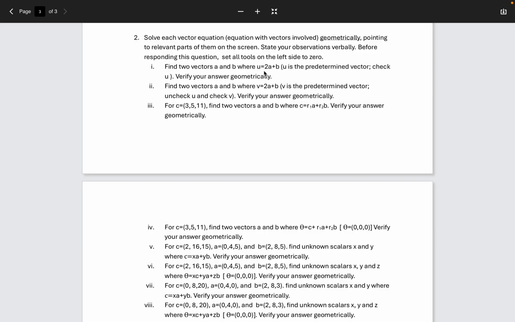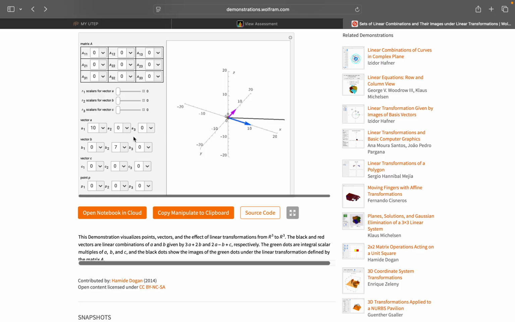So you could end up with u is equal to 2a plus b, but our predetermined vector is equal to 0. It's just 0.